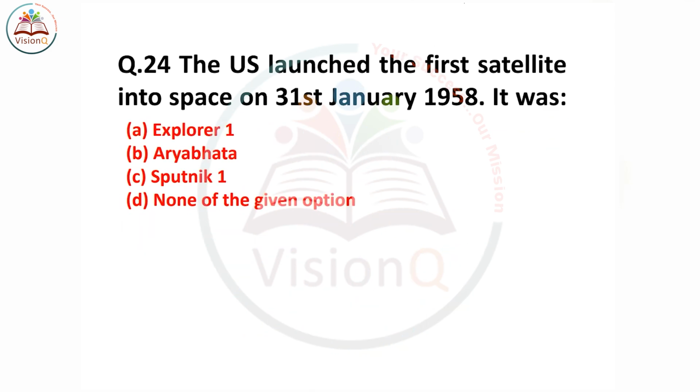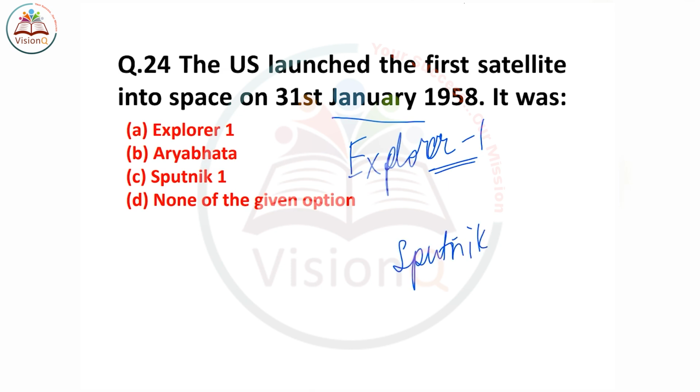Now the US launched the first satellite into space on 31st January 1958. The name of the satellite was Explorer 1. Previously, Sputnik 1 was the first satellite launched ever into space, in the year 1957 by the Soviet Union, presently known as Russia.